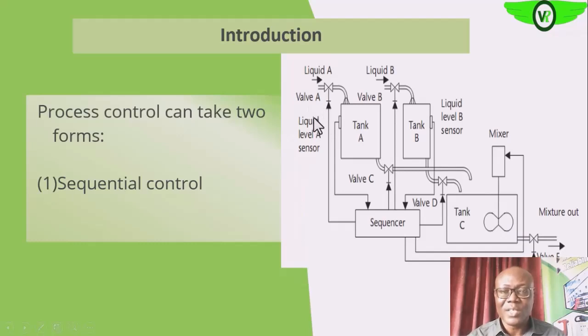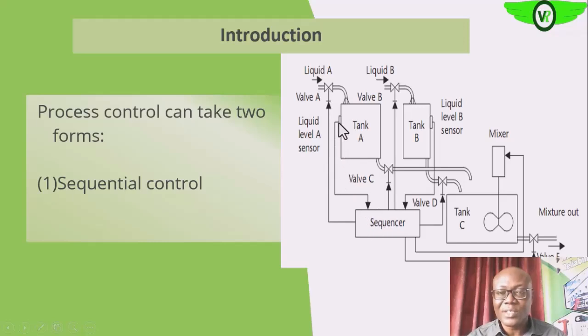You see that in this sequential control, liquid A is allowed to flow into tank A. Then liquid B will be allowed to flow into tank B. This flow is monitored by this sequencer.